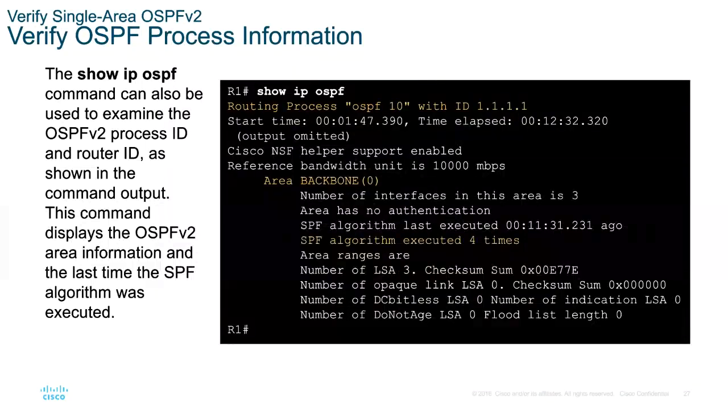So it tells you what the bandwidth reference value is, and then what area it's attached to. It'll tell you how many times it's recalculated the algorithm for path calculations, the number of link state advertisements it's sent and received, and a little bit of extra information.